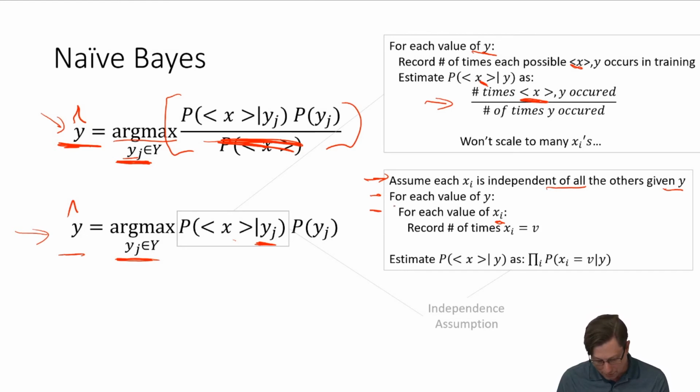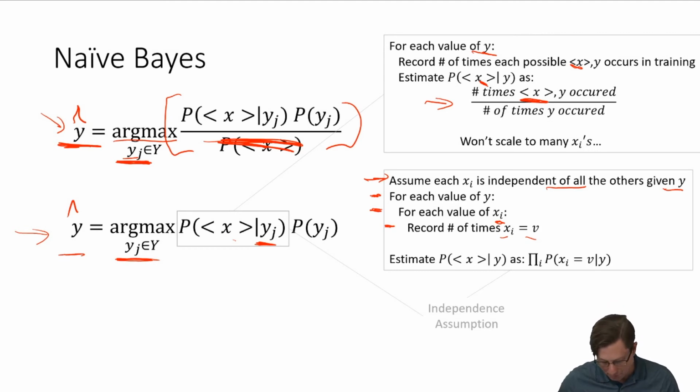So for each value of y, spam or not spam, for each value of xi, either the word is there or not, record the number of times xi had that value. So the counter is, instead of being all possible combinations of x, for each y, for each possible value of x, you keep the counter.